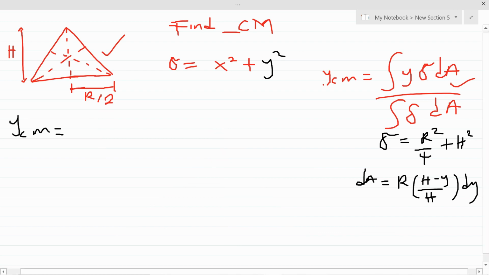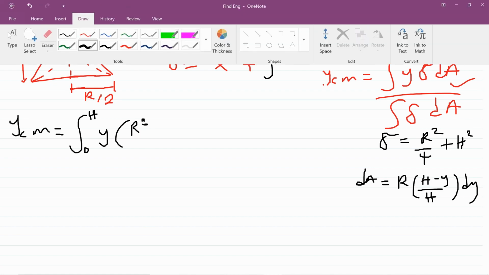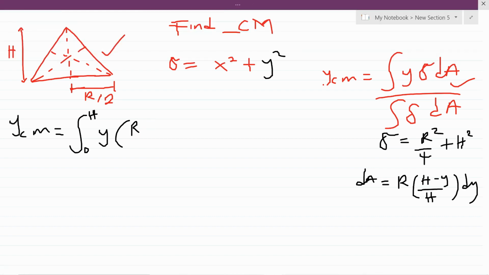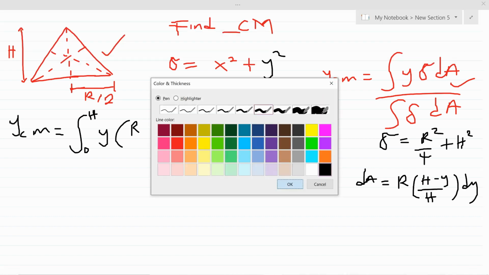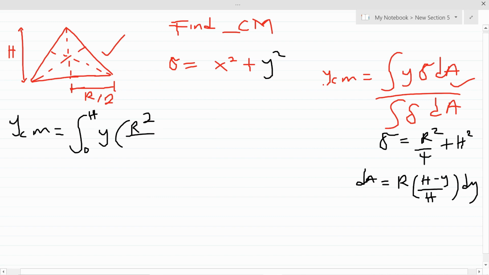Alright, so this is equal to the integral from 0 to h. Since the y ranges from 0 to h, then y is just y, and sigma is r squared over 4 plus h squared. The reason why we are writing sigma in terms of r and h is that for every x and y that we know, if you put them in this equation, you should get our sigma.